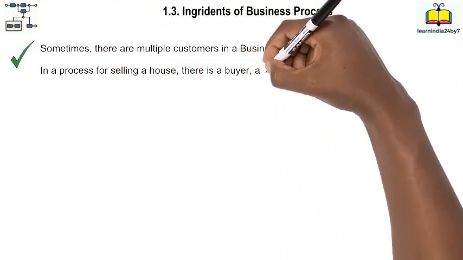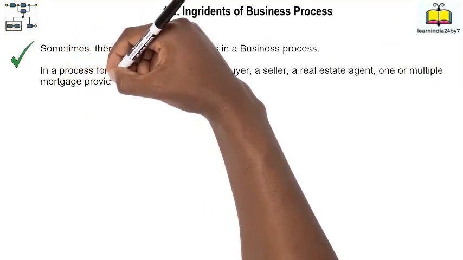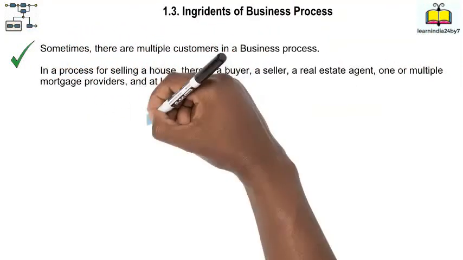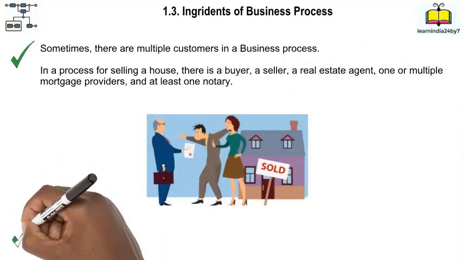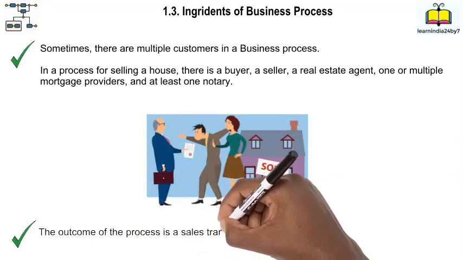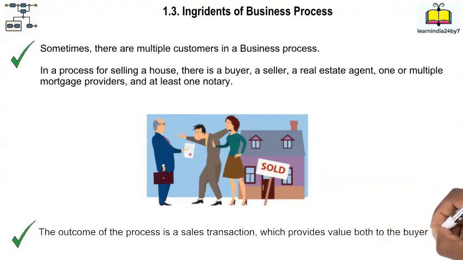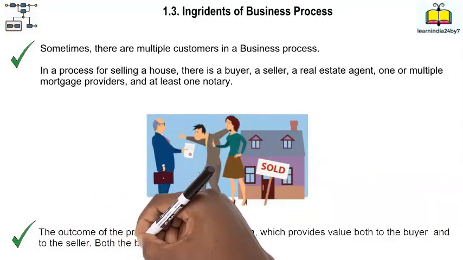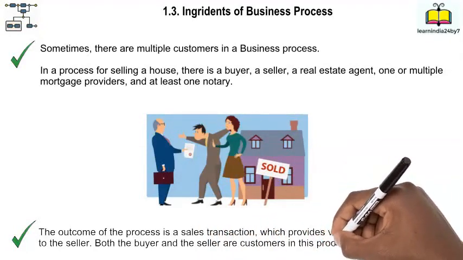For example, in a process for selling a house, there is a buyer, a seller, a real estate agent, one or more mortgage agents, and at least one notary. The outcome of the business process is a sales transaction which provides value to both the buyer and the seller. So in this case, both the buyer and seller are the customers.